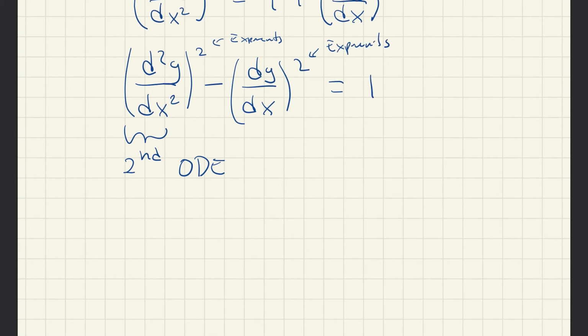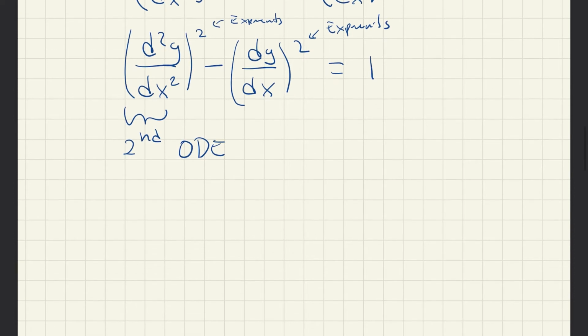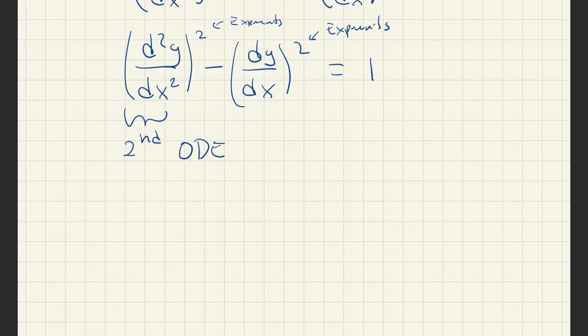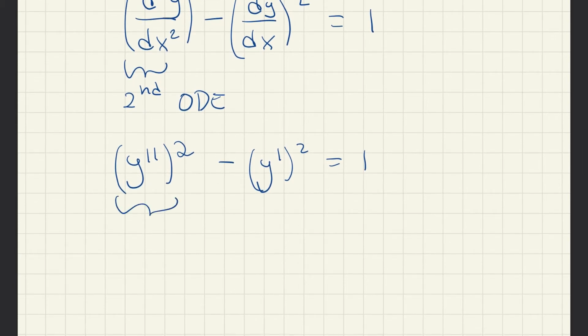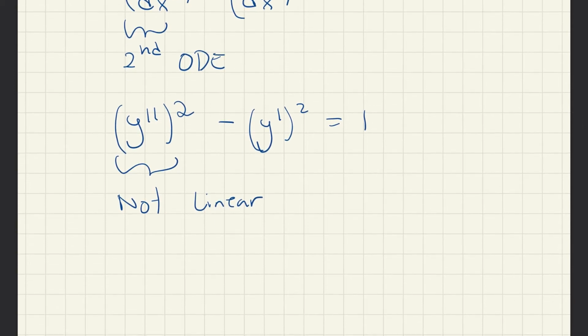Now if we put it into the form, we can see we have y double prime squared minus y prime squared is equal to 1. As you can see, this is not going to give you a linear function. So this problem is solved.